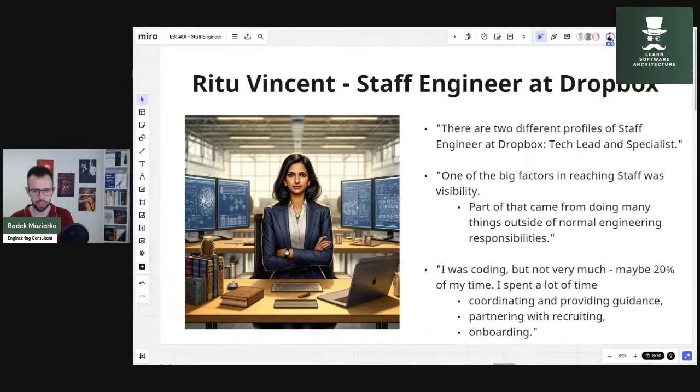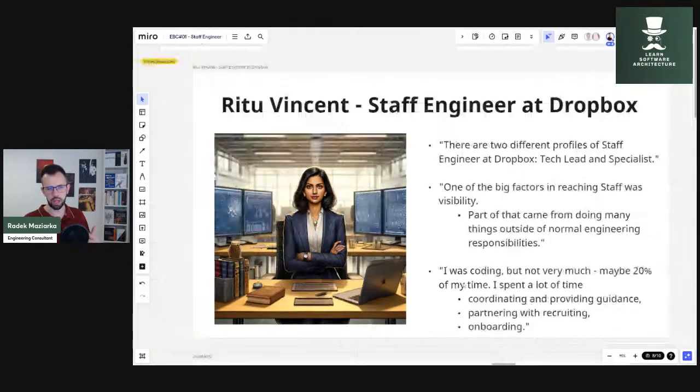And as you can see, it takes a lot of time coordinating with various parties, partnering with recruiting on onboarding new folks, because you understand different pieces of the system very well, and you are a good person to onboard different people to the organization.